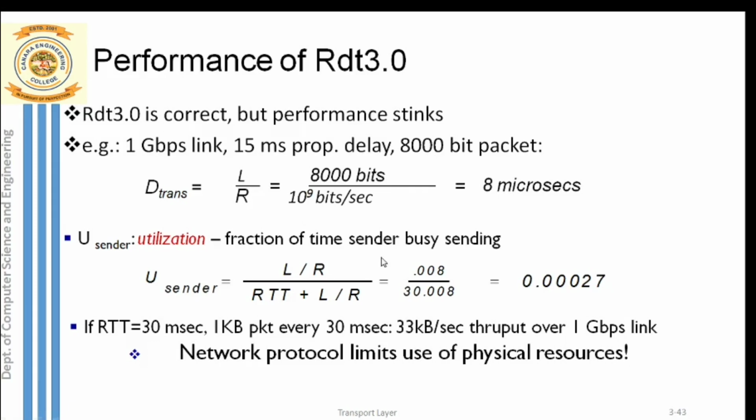Now we will compute the actual utilization of the sender. What is the meaning of sender utilization? It is the time actually spent by the sender in transmitting this packet whose size is 8000 bits.